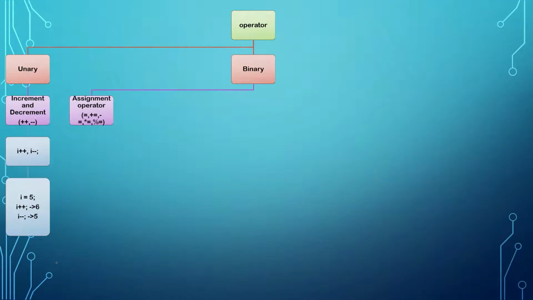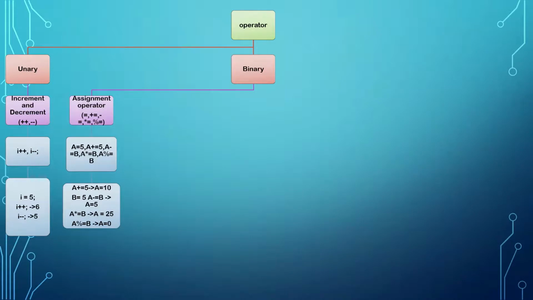First, let us see the assignment operator. Assignment means we are assigning a value to a variable. That is a equal to 5. We are assigning the value 5 to this variable. This is the assignment operator, equal to. So what is this plus equal to? We add a value and store it in the same variable.